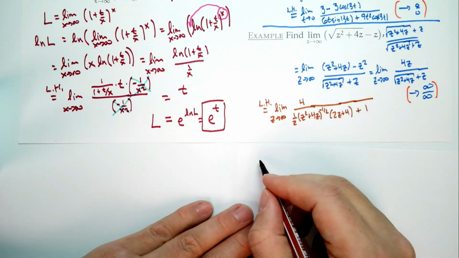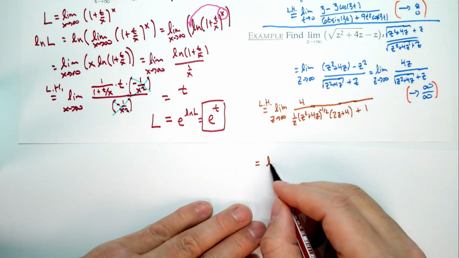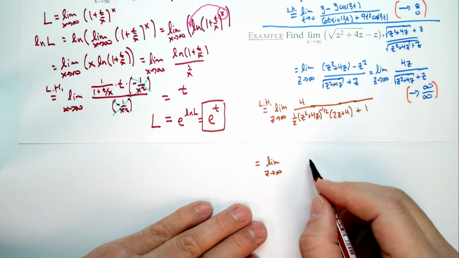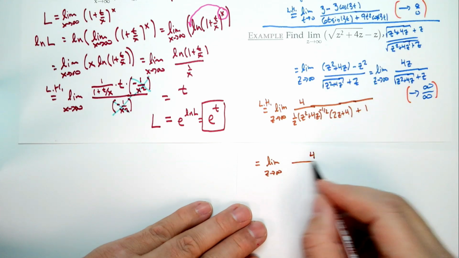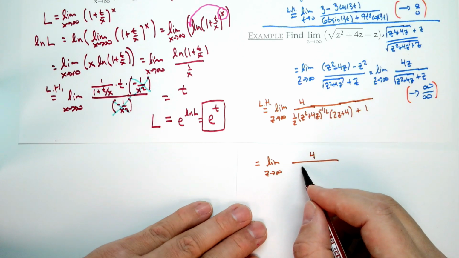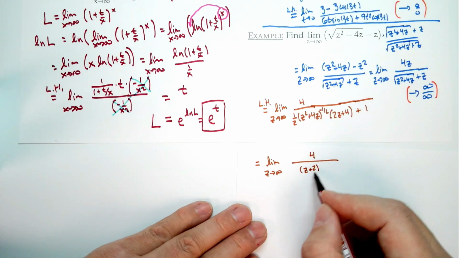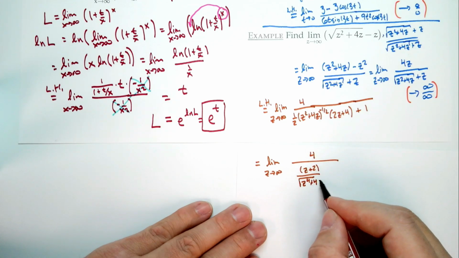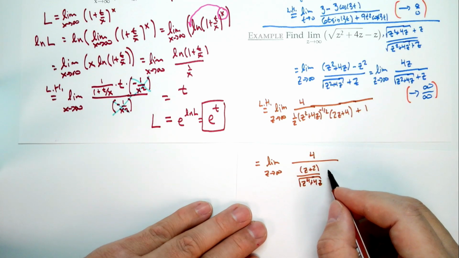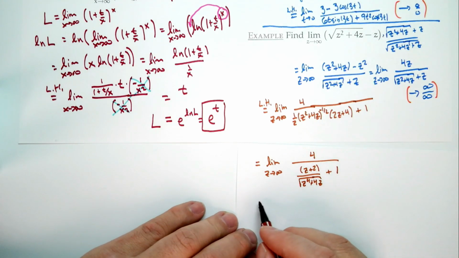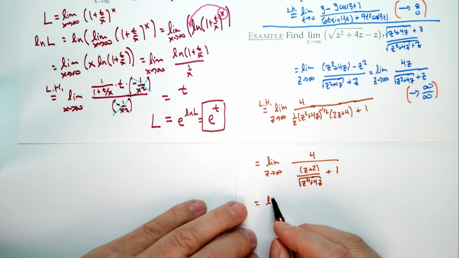So, what does this become? This becomes a limit as z goes to infinity of 4 over, now the half can multiply by 2z plus 4, so what we really have is z plus 2 over the square root of z squared plus 4z, then plus 1. Now, fractions within fractions, that does not work very well.